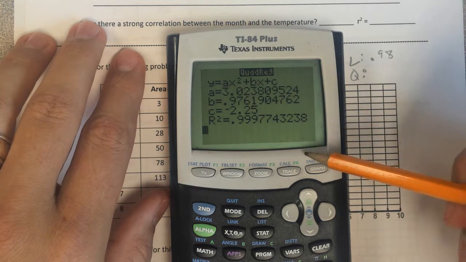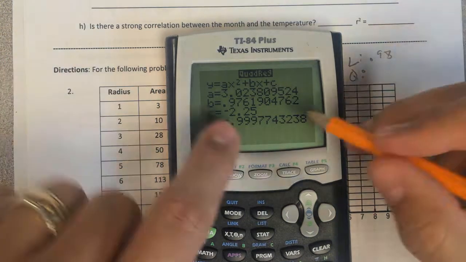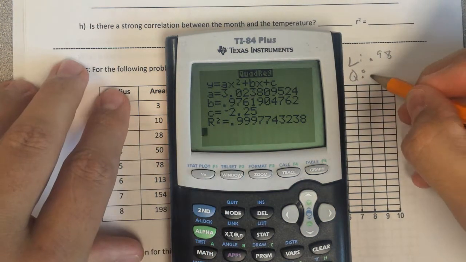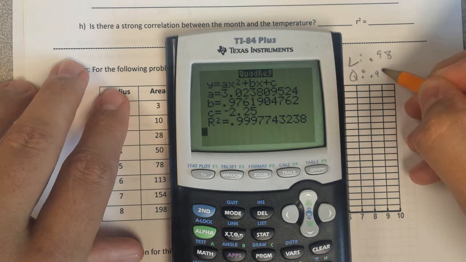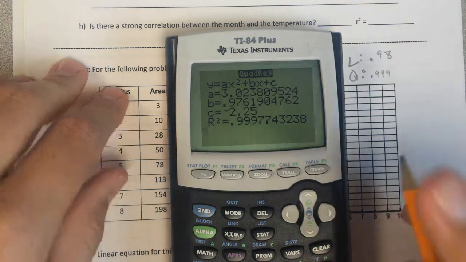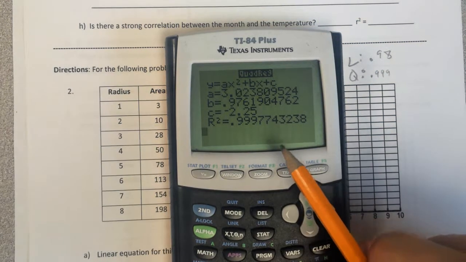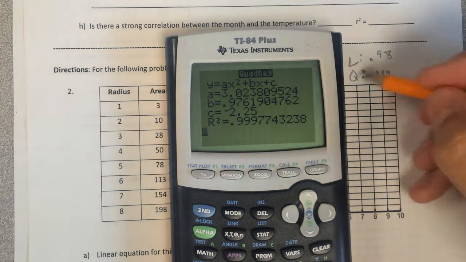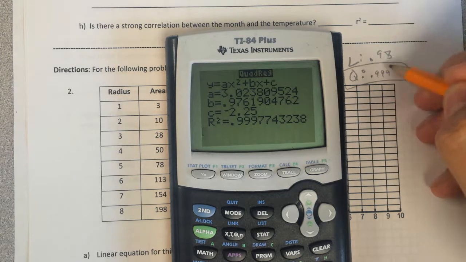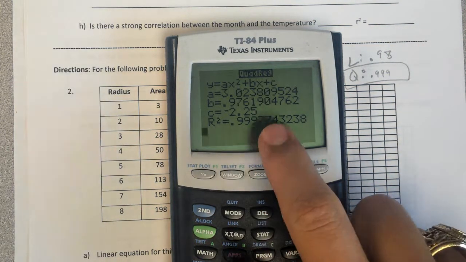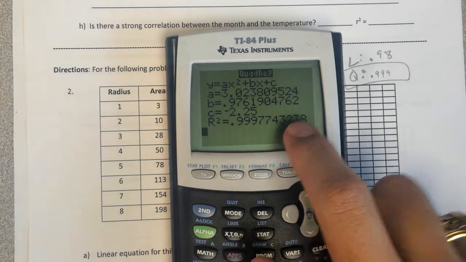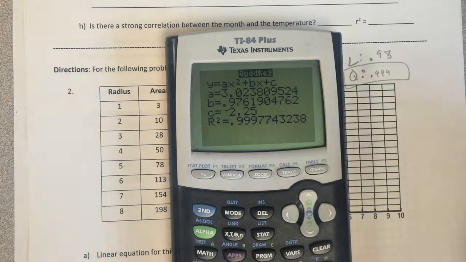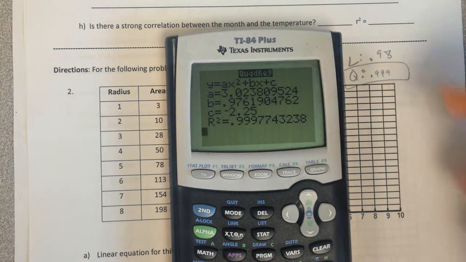Here's my r squared, which is 0.999, which is basically 1. This is almost perfectly perfect. So this is by far, even though this other one's 0.98, a better representation of the data. This is the one we want to use. The number is much closer to 1.